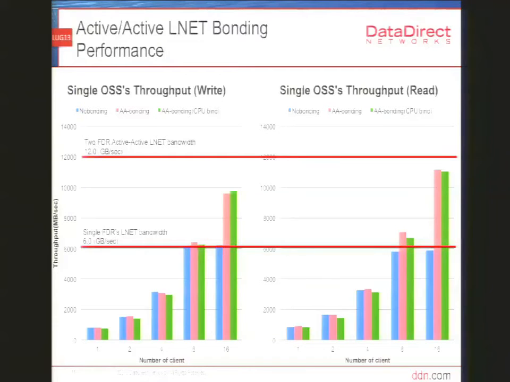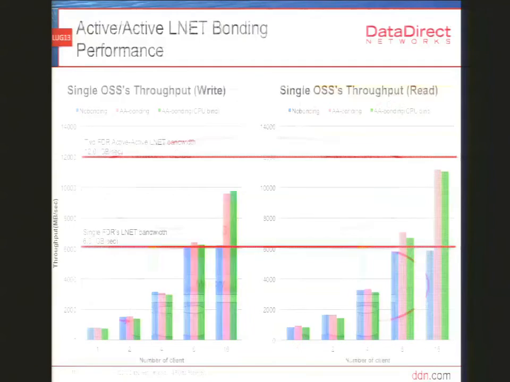So it's a pretty high number compared to the single FDR link performance. We didn't see much performance difference between CPU binding and no CPU binding, and the write performance is a little bit lower than the read performance.